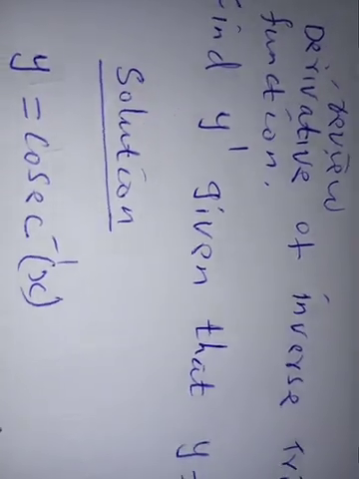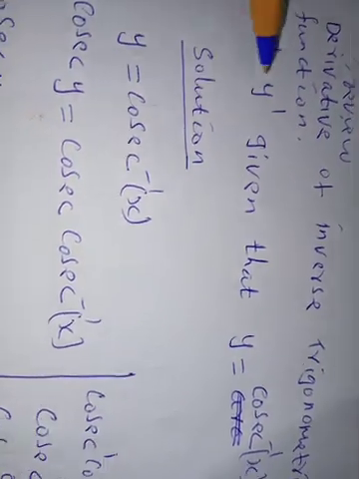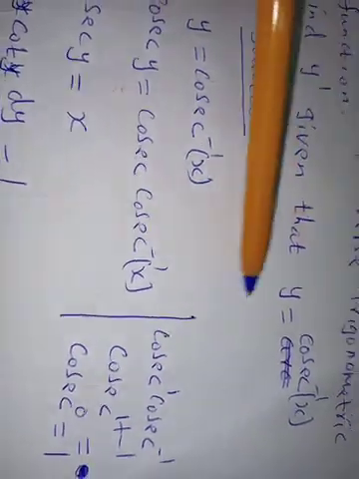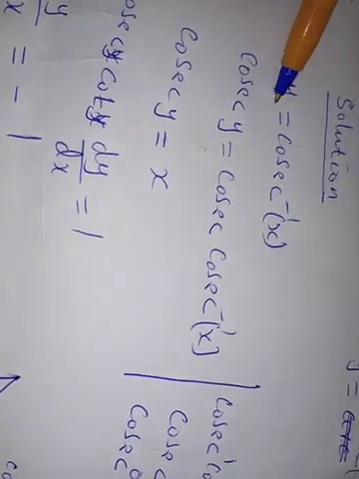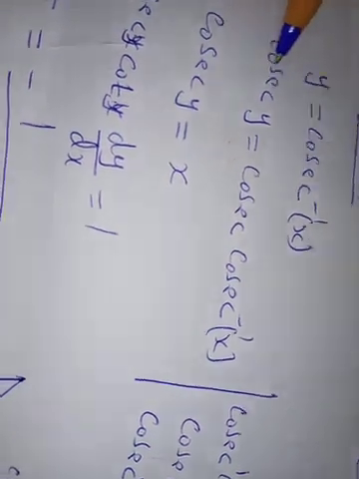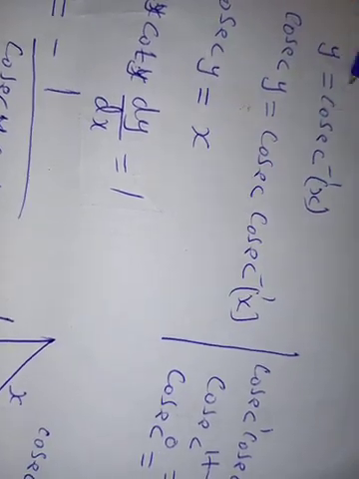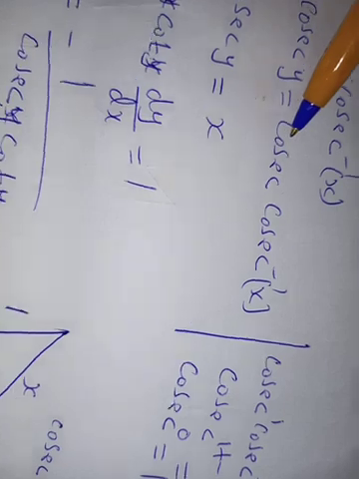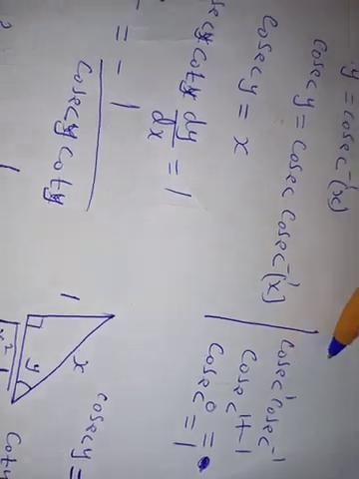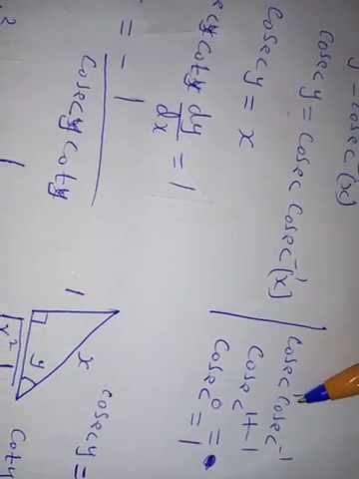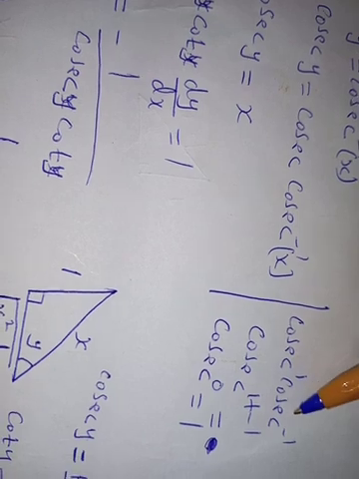So let us review the process. We want to find the derivative of an inverse trigonometric function, and we are given y is equal to cosec inverse of x. So what you do is multiply both sides by cosec. So cosec times y is cosec y, and cosec times cosec inverse, you use the laws of indices, whereby you have cosec power 1 times cosec power -1.